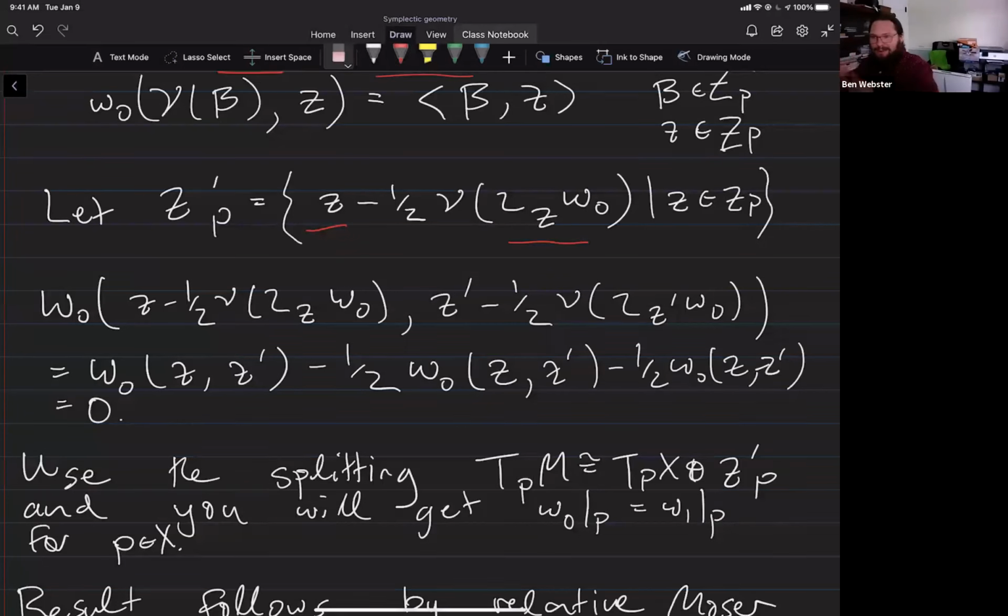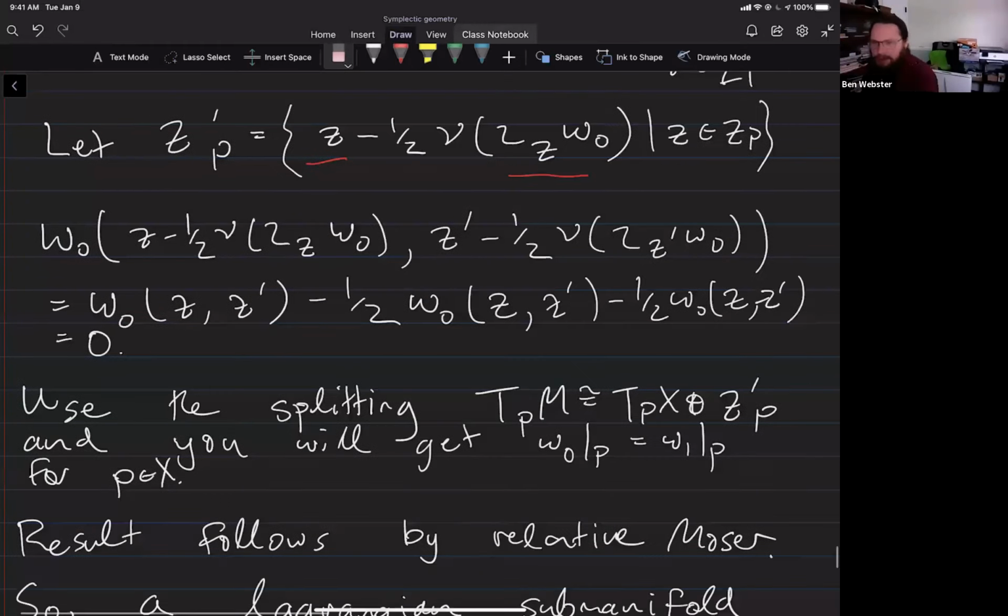I'm going to get the same correction twice, so I only want to insert a half, so I only correct the right amount. And I've written out here exactly what happens. So it's just a little linear algebra computation, but it's a really important observation that having any complementary subbundle to a Lagrangian, I can correct that to be a Lagrangian complement.